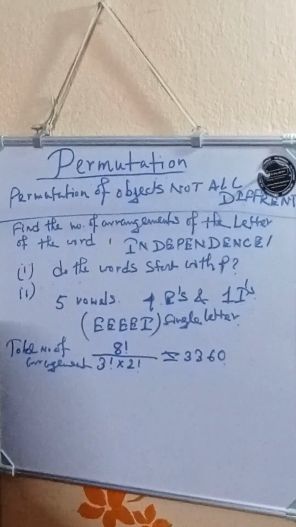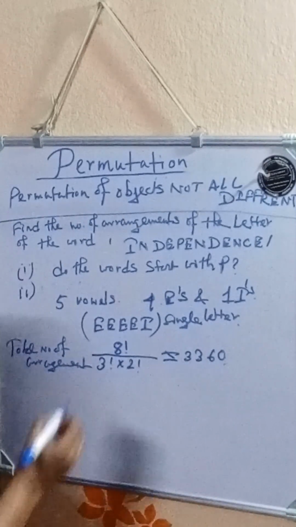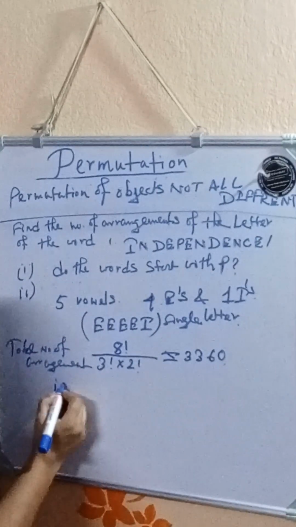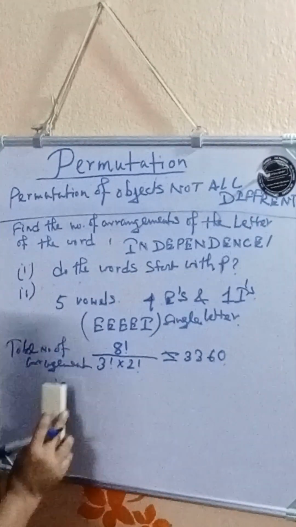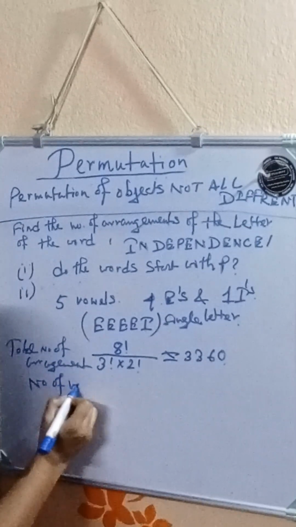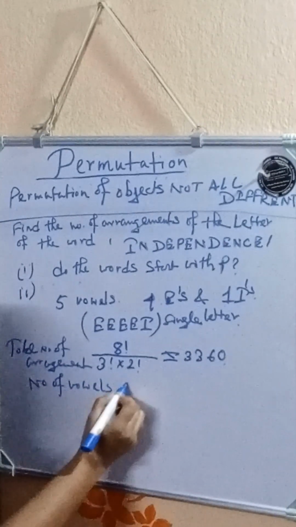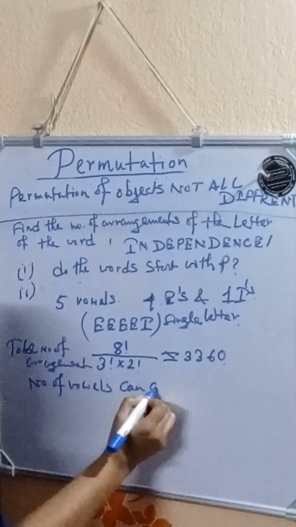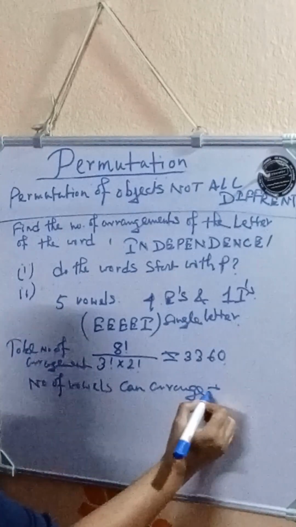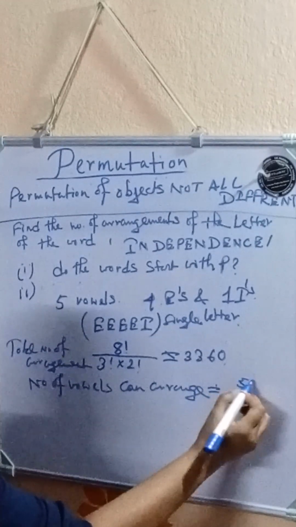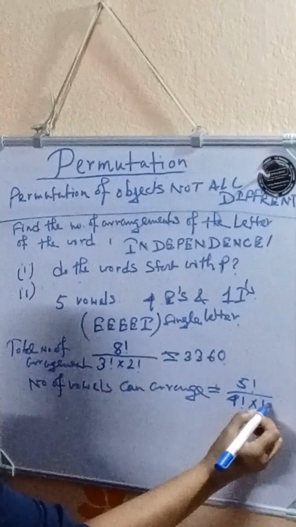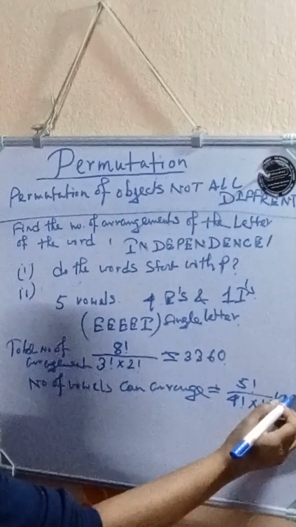The number of ways the 5 vowels can arrange among themselves is factorial 5 divided by factorial 4 into factorial 1, which is 5 ways.